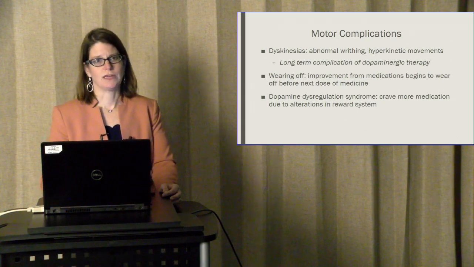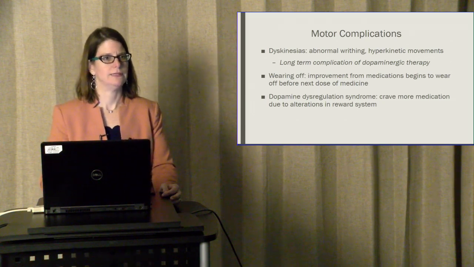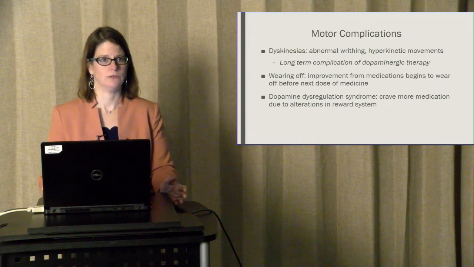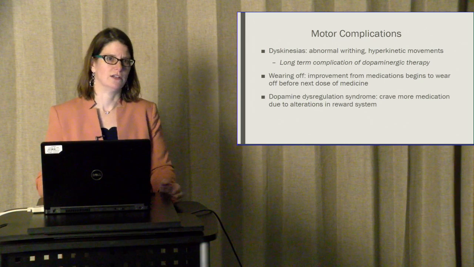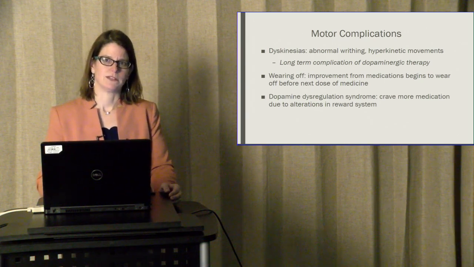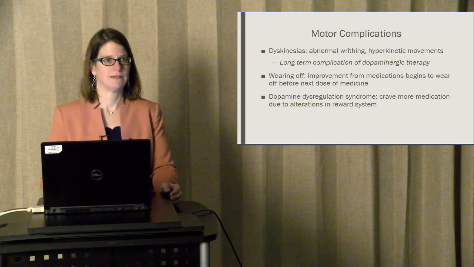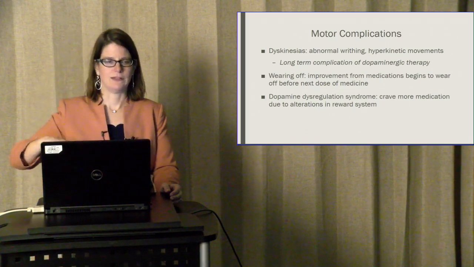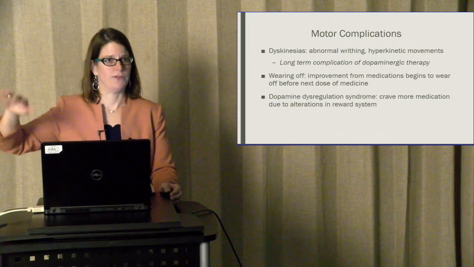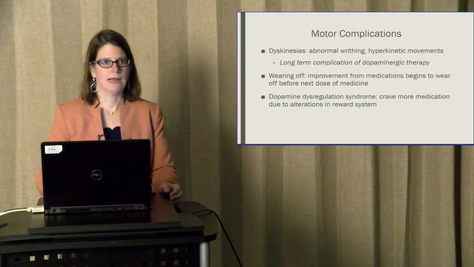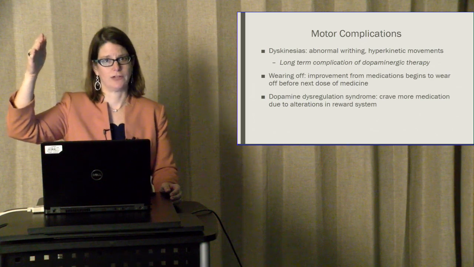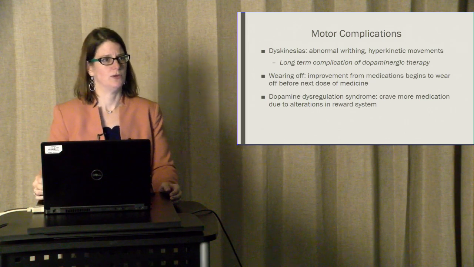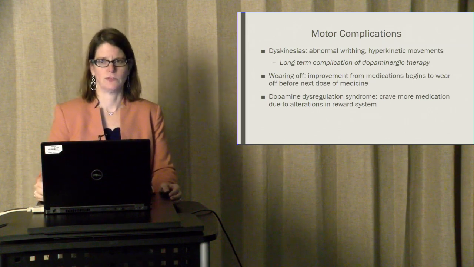And then also you can get wearing off. So in the early days of taking levodopa, before a lot of neurodegeneration, your brain can still hold on to the dopamine fairly well, but as the dopamine neurons degenerate, you have less ability to hold on to the dopamine, and so the presence in the blood becomes very fluctuating. It might have a big rise where you feel like you're on and doing well, but then the medicine wears off, and so you feel stiff and slow and frozen before it's time to take your next dose of medicine.